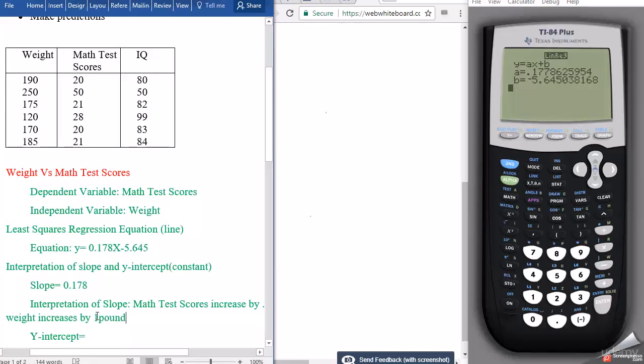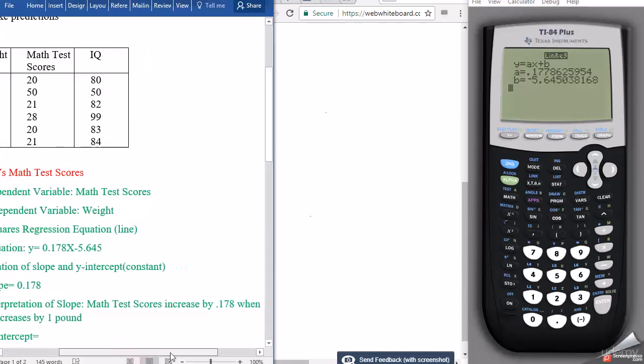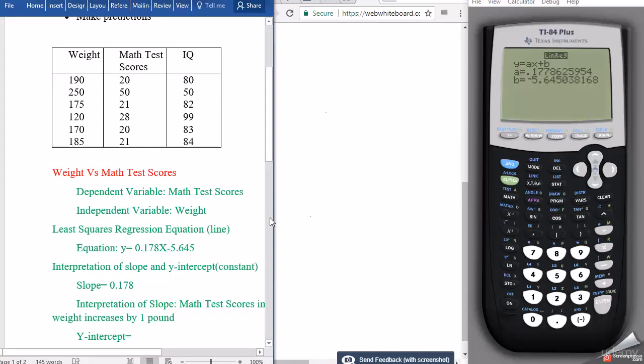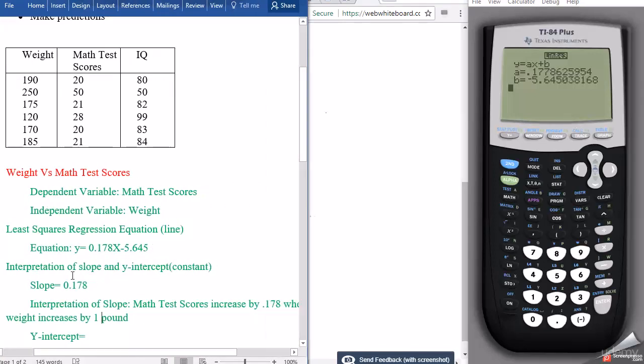Okay, so we're saying that math test scores increase by 0.178 when the weight increases by 1 pound.